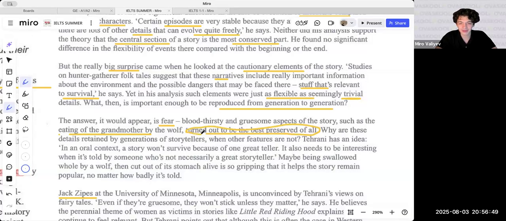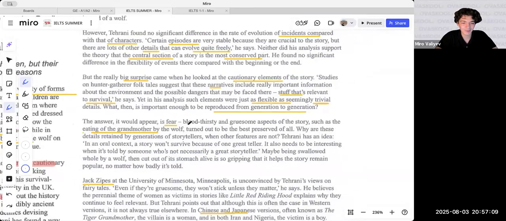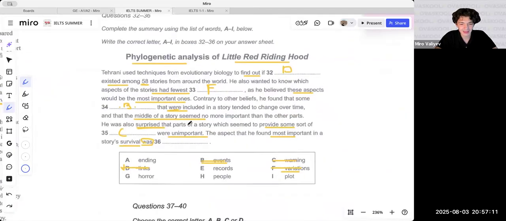You see, this is very, very strange. That's a fairy tale aimed at little kids, right? And the main reason the fairy tale is still here is because of these bloodthirsty and gruesome aspects, very horrible and intimidating aspects. The answer is horror.